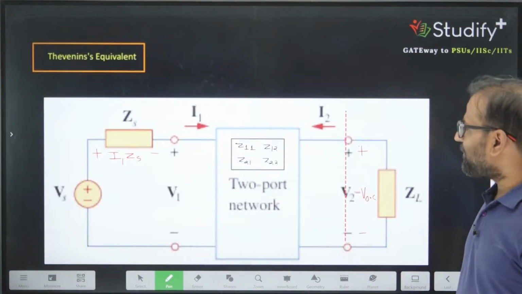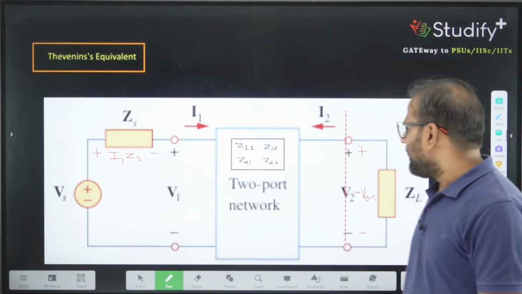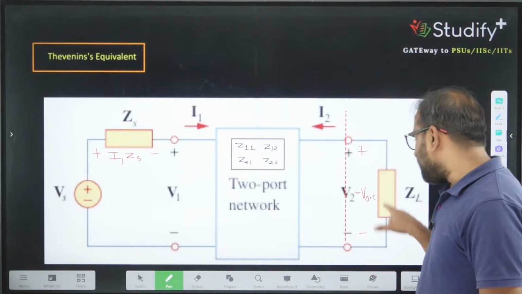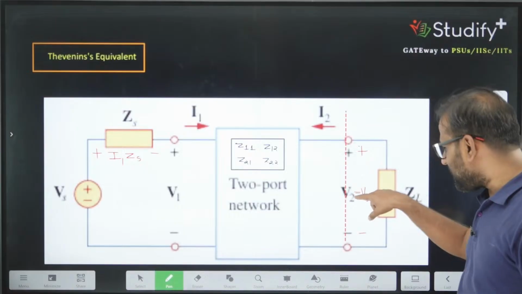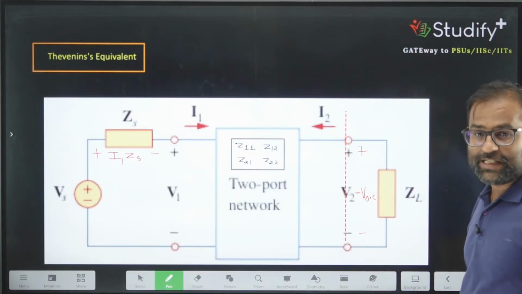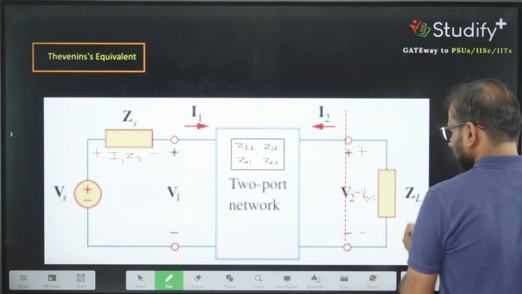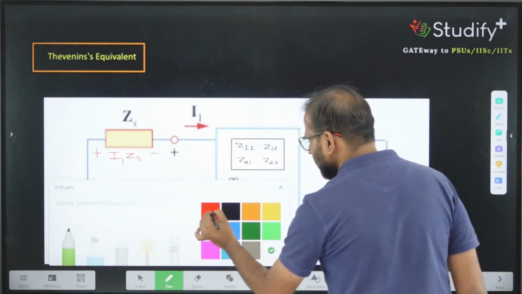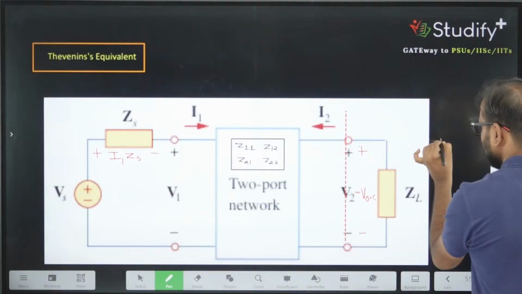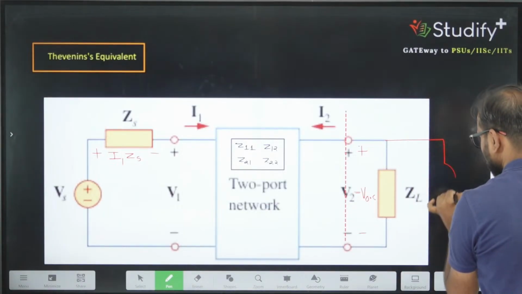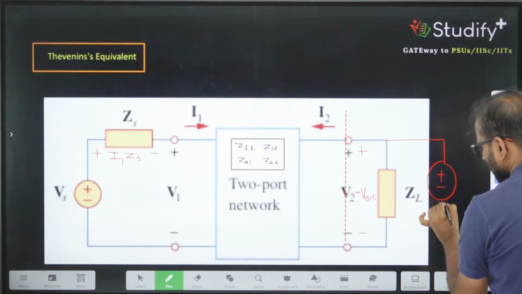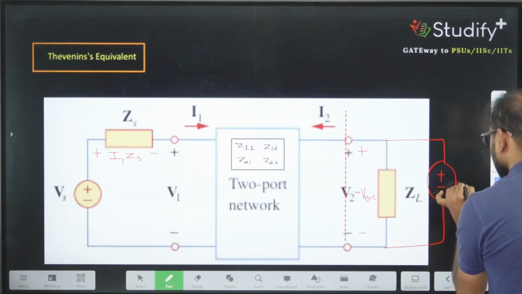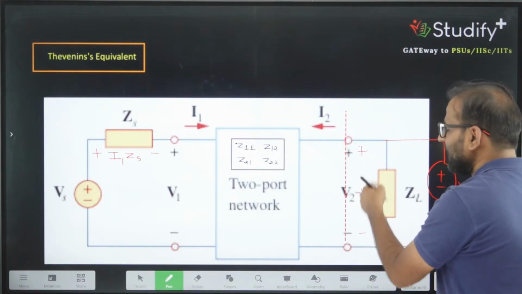Okay, let's apply this in our network. If I apply the test source here, can I say V2 will be replaced by Vt? Because if I am interested in applying a test source here, you are applying a test source like this. So now this is no more a reading of a voltmeter.